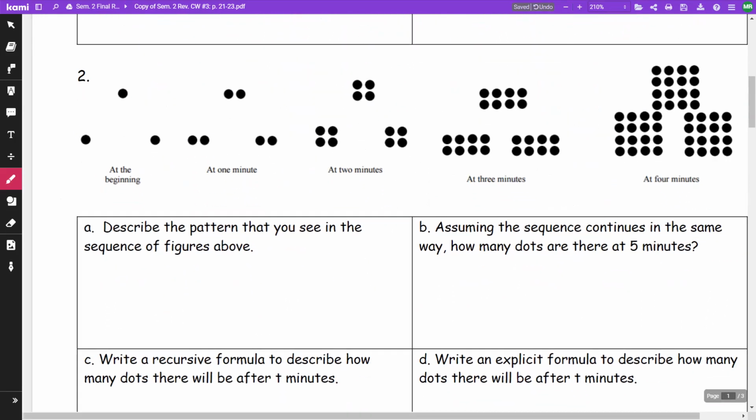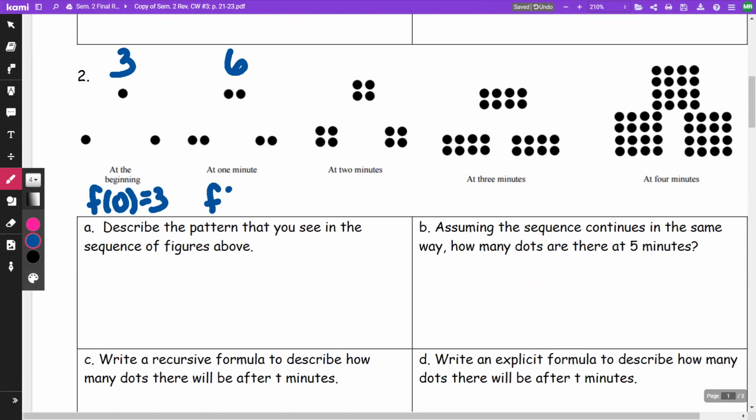On this next one, when I'm looking at this one at the beginning, so this is going to be my 0, we have 3 terms. So f of 0 is 3. At 1 minute, we have 6 terms. So f of 1 is 6.